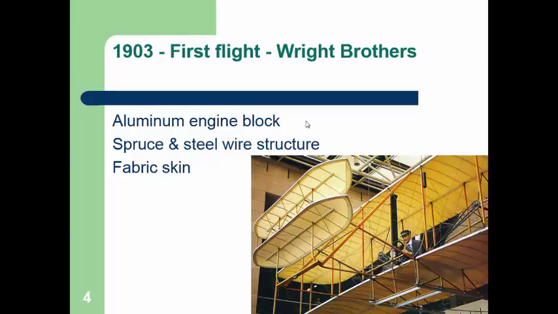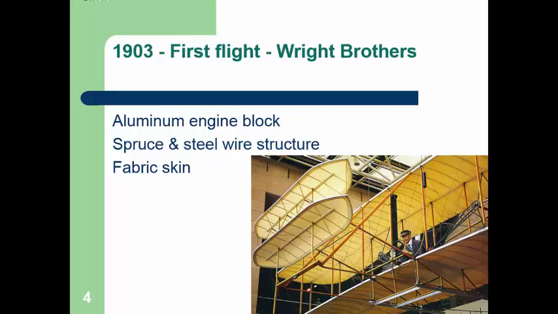Nobody was making that. The engines at the time were cast iron blocks, and that was just not suitable in terms of weight for an aircraft. So they had to develop their own aluminum engine blocks, and that started aluminum down the commercial application road.